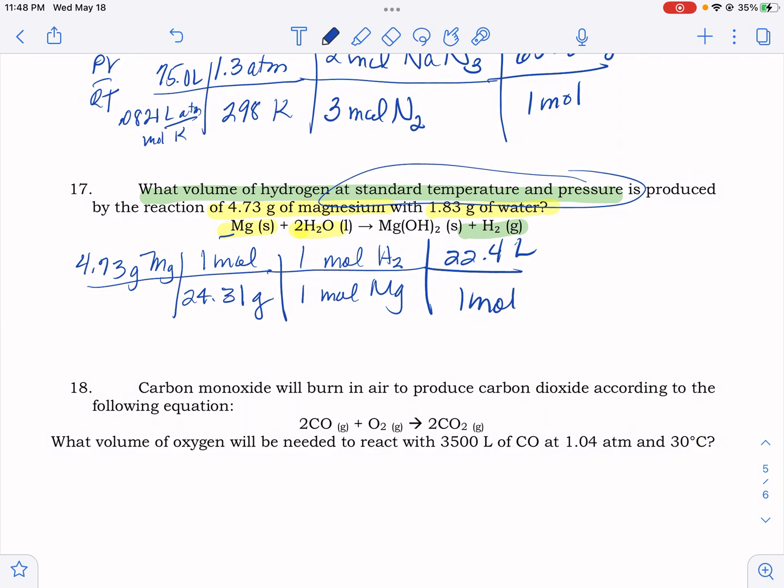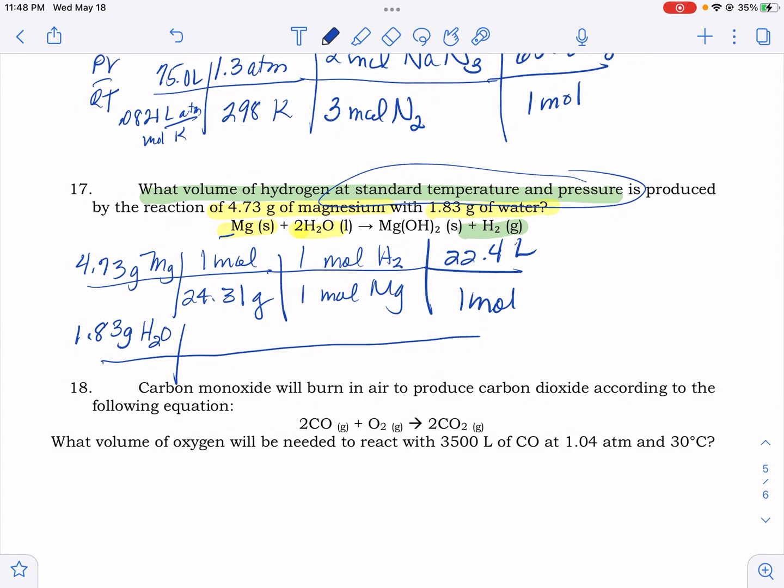Next one, 1.83 grams of water, because remember, we're doing limiting. We want to figure out which one will be smaller. That will be our limiting factor, and that will be the maximum amount of the gas we could produce.